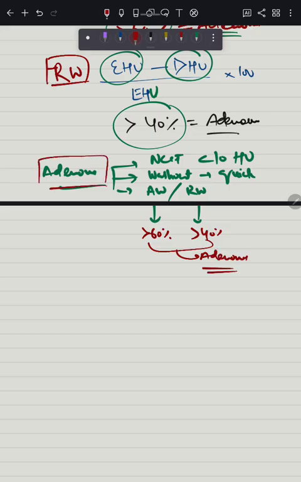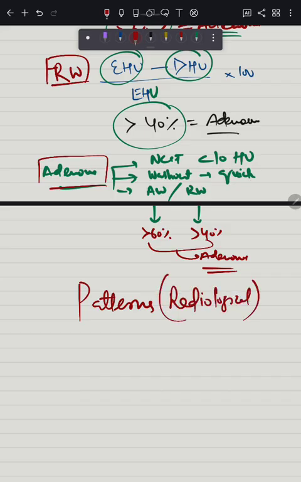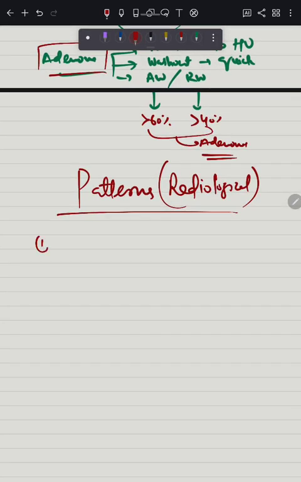Now going further, radiological patterns. So now we will be going towards radiological patterns. First thing is unenhanced CT, that is non-contrast CT.